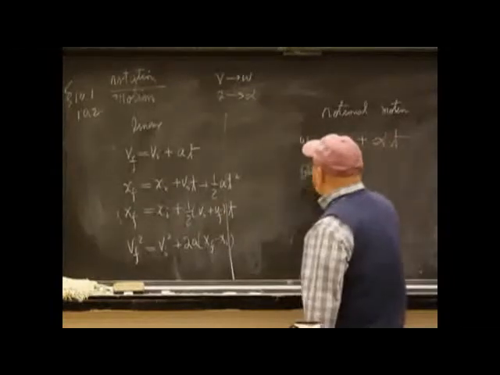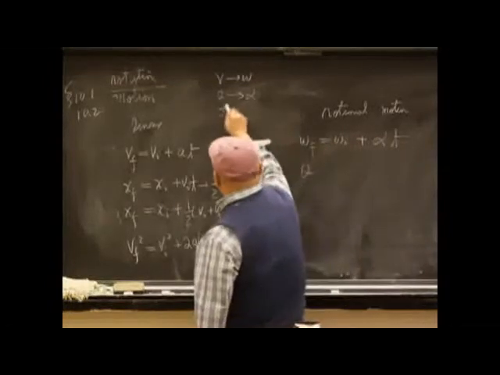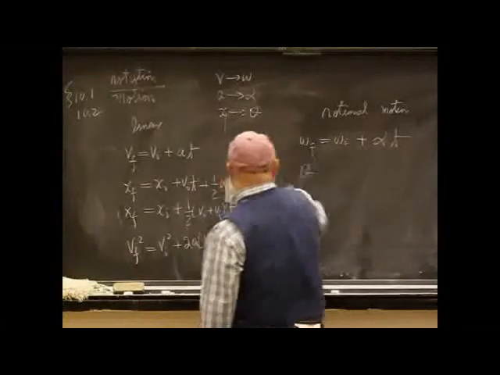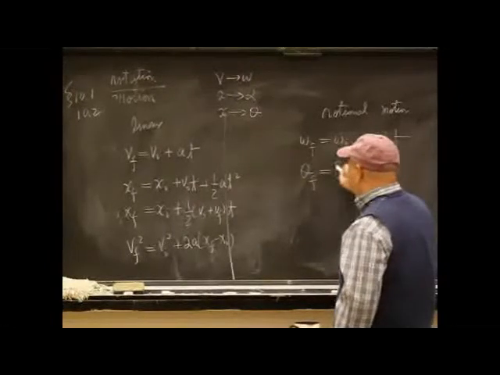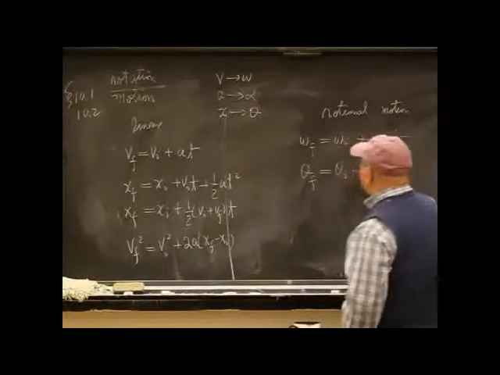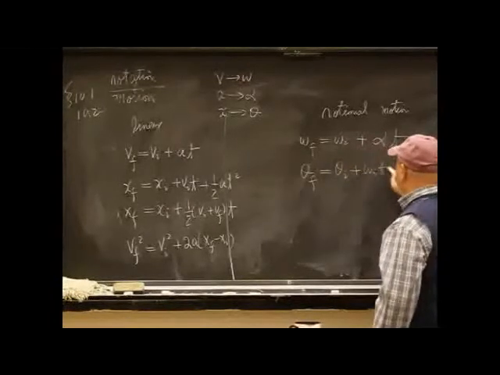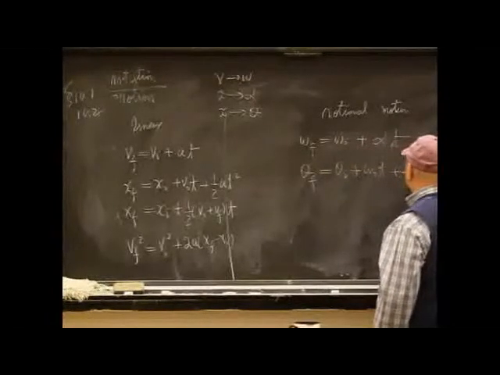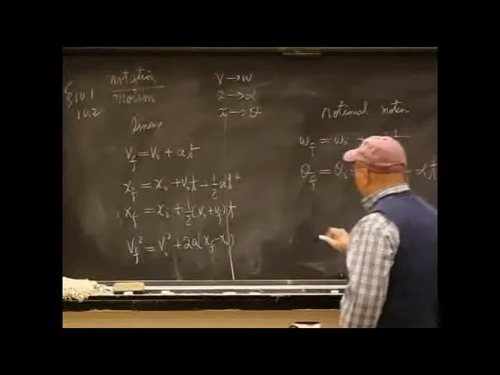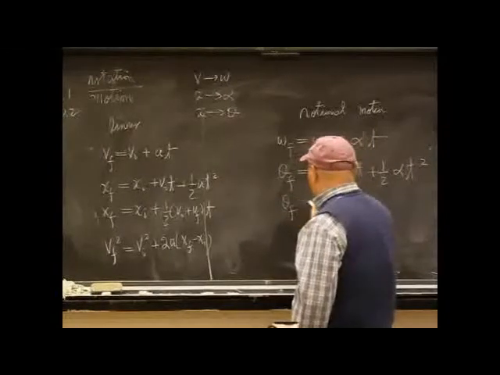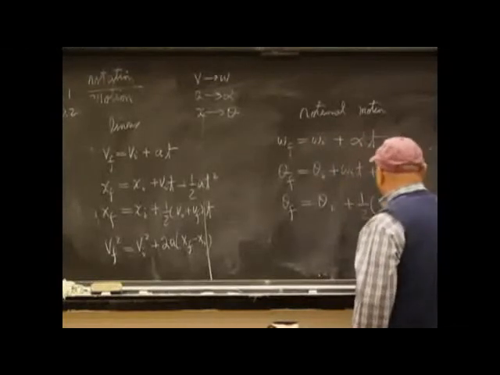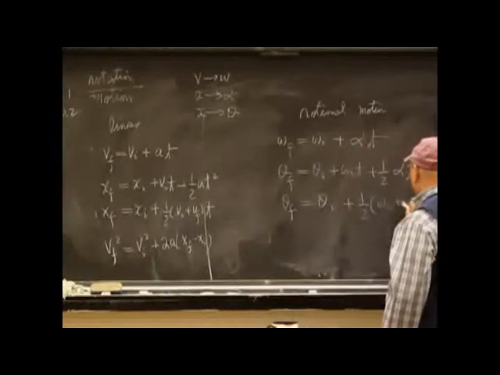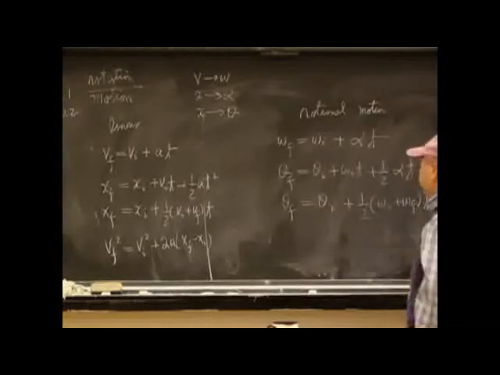Theta sub f equals theta sub i plus omega sub i times t plus 1/2 alpha t squared. And theta sub f equals theta sub i plus 1/2 (omega sub i plus omega sub f) times t.